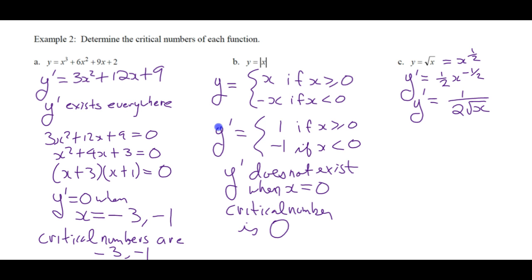When does that not exist? When x is equal to 0, right? So y prime does not exist. Well, it's actually a little bit more than x equal to 0. It's really x less than or equal to 0, so y prime does not exist if x is less than or equal to 0.